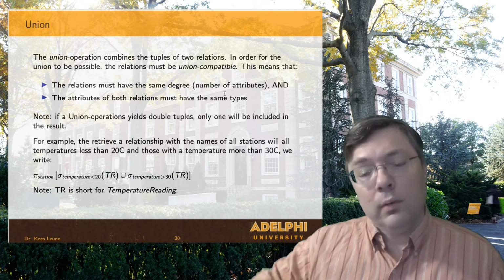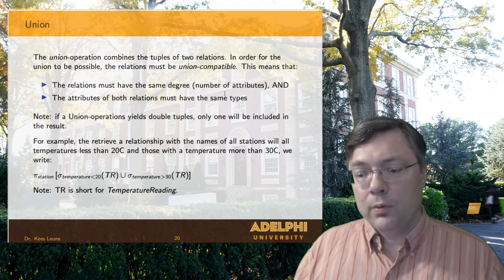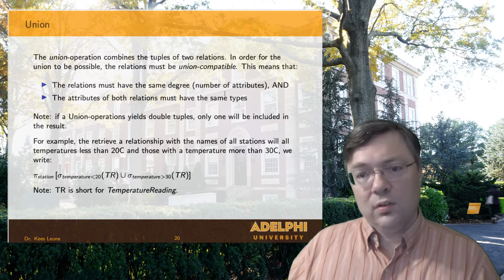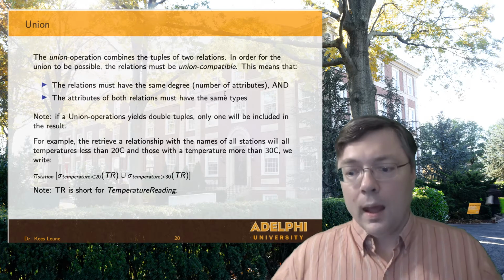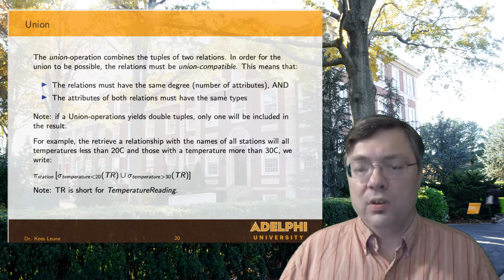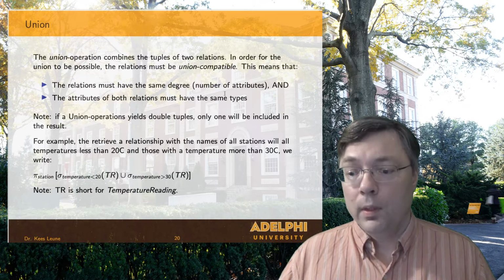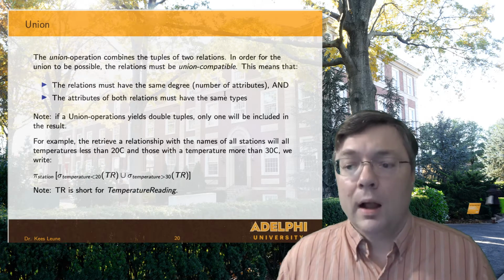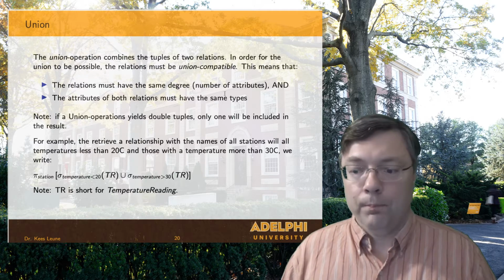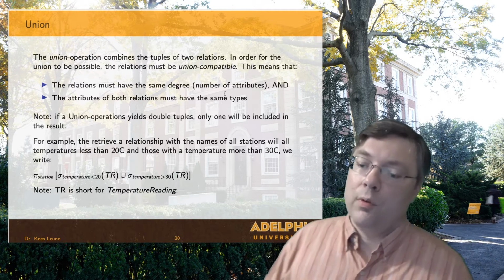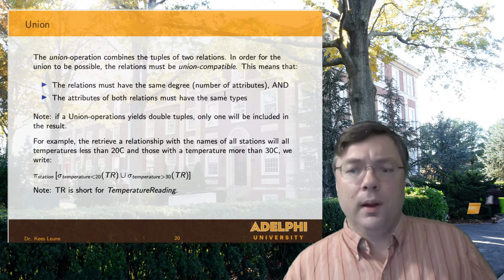Take my other one, which is the selection of all the temperatures more than 30 degrees Celsius in my temperature readings table, and put those together. Since I'm querying the same table twice, they are union compatible. And then from that output, I only want to see the station name. And so it's fairly straightforward to write these formulas as long as you pay a little bit of attention.